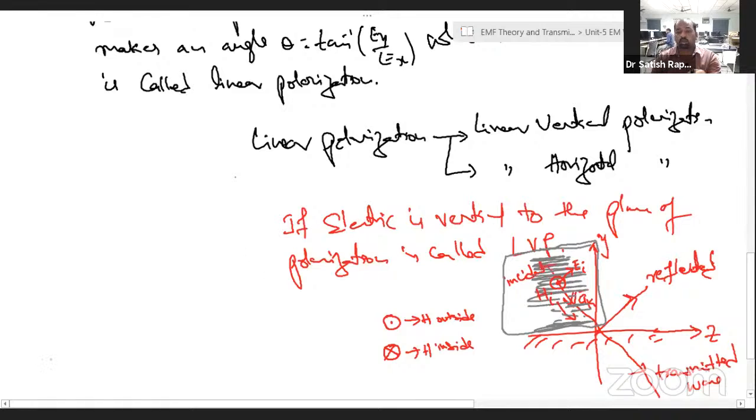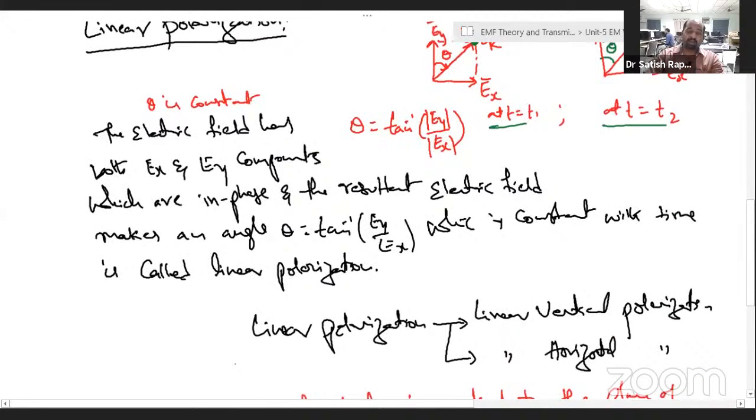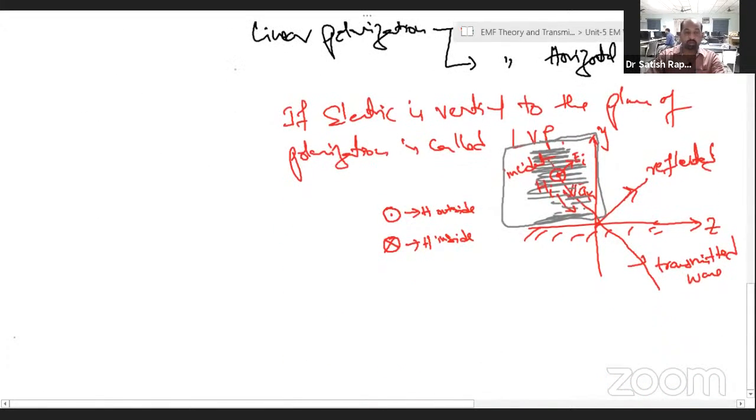If the electric field is like this, it is perpendicular to my hand. Let us say my hand is the plane of polarization. So depending on whether the electric field is parallel or perpendicular to the plane of polarization, we have two types.